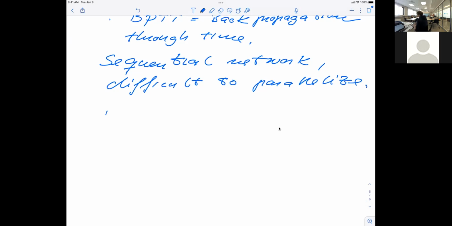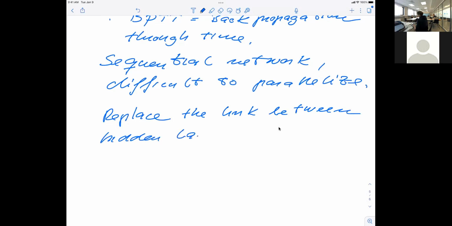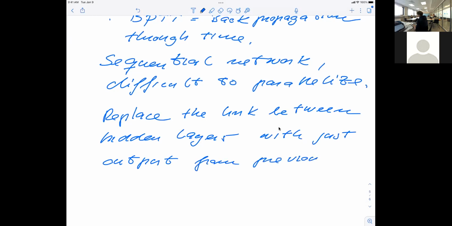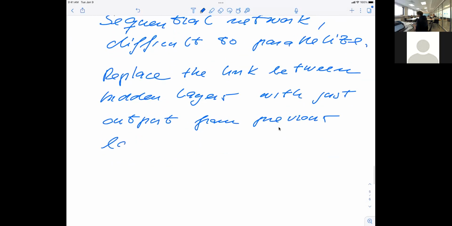So one of the recipes which is used is to replace the link between the hidden layers with just the output from the previous layer. And that leads to another type of architecture, which is also much used.